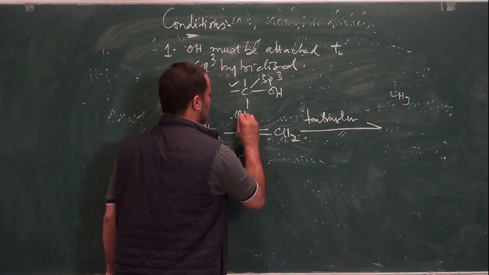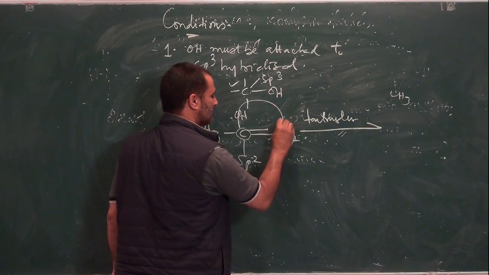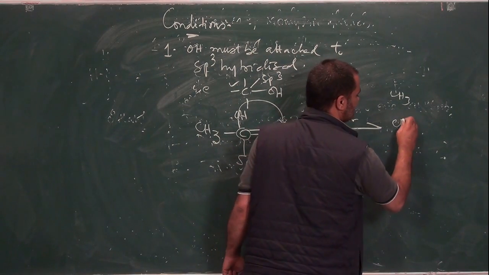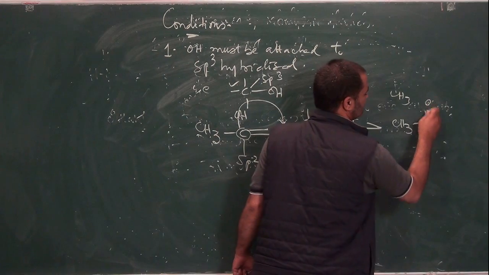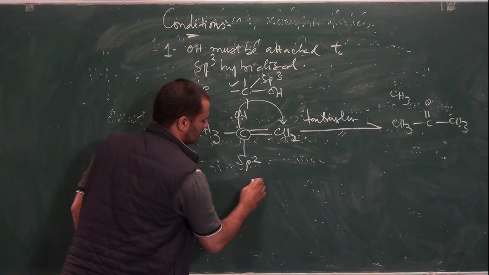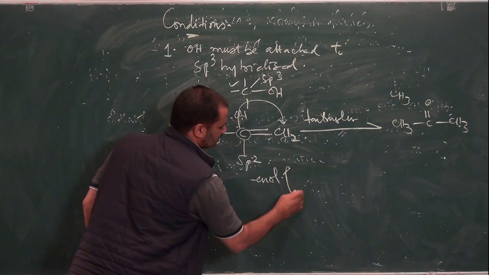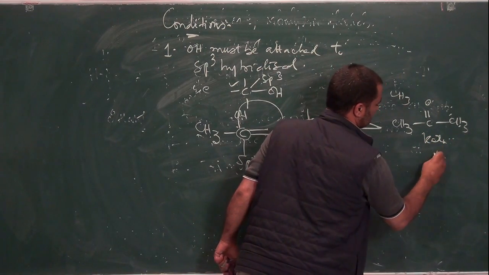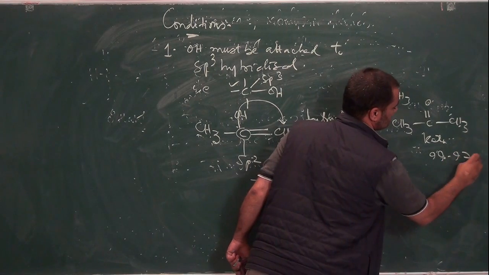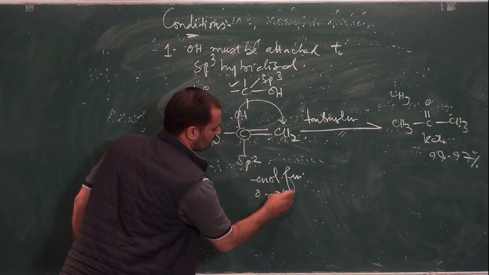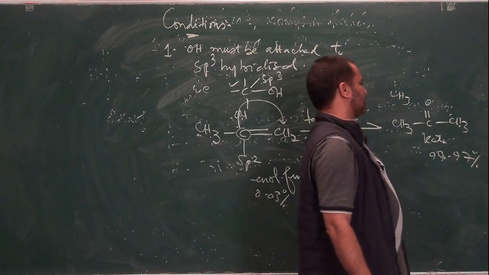This hydrogen will migrate to this methylene unit, and it becomes CH3COCH3. This is the enol form, and this is the keto form. It is 99.97% and 0.03%. So keto form is highly stable.